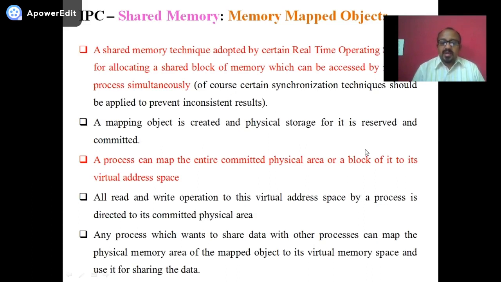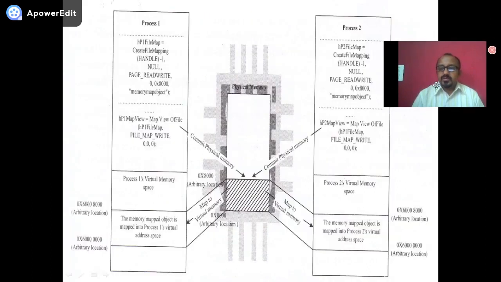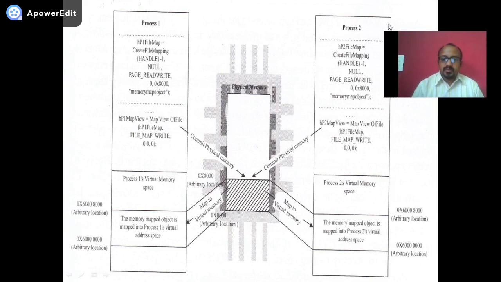The process can map the entire committed physical area or a block of it to its virtual address space. This is how process 1 and process 2 share data through the virtual space. This is the committed physical area, and this is the virtual space where they are exchanging the data among themselves.